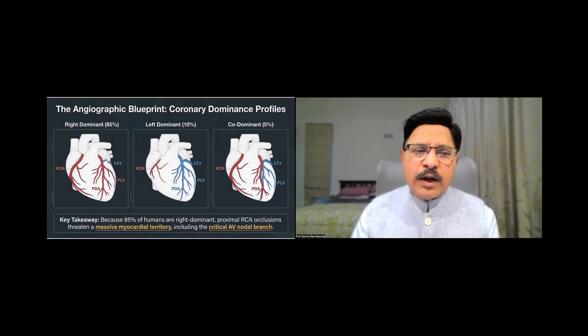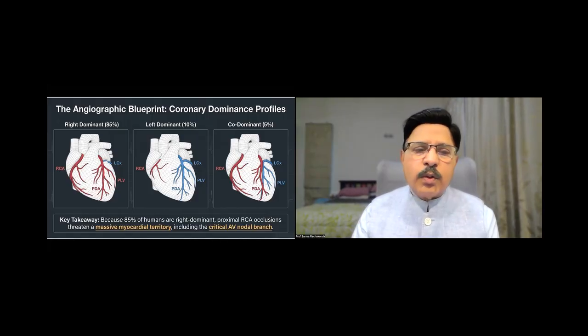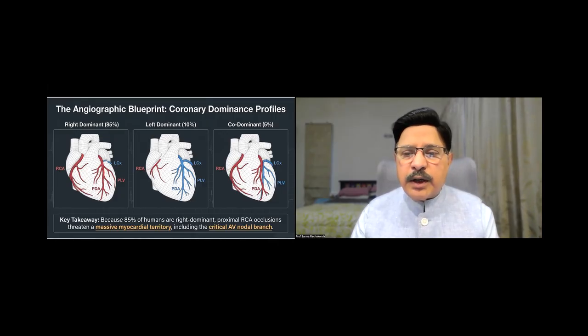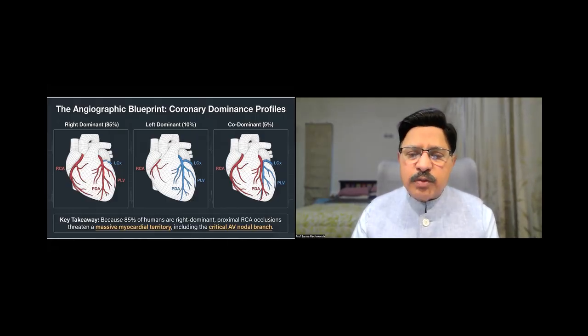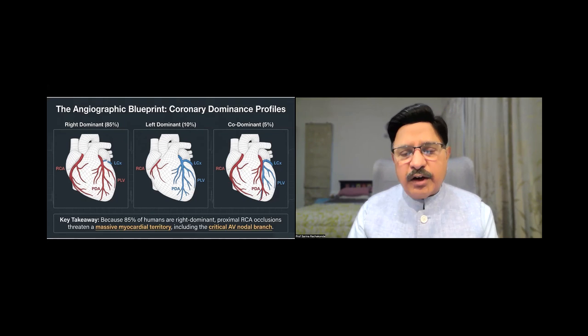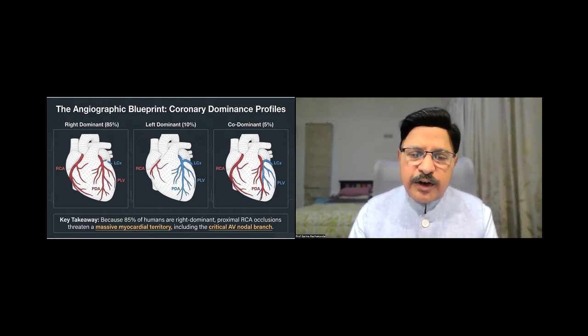85% of us are RCA dominant, 10% are LCX dominant, and 5% are co-dominant. Because 85% of human beings are right dominant, proximal RCA occlusions threaten a massive myocardial territory. Right dominant means the right coronary artery supplies a major territory, apart from the anterior descending artery, which supplies a major area of the left ventricle.